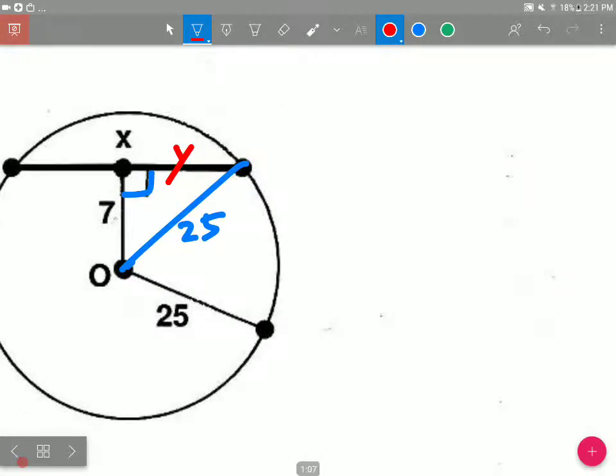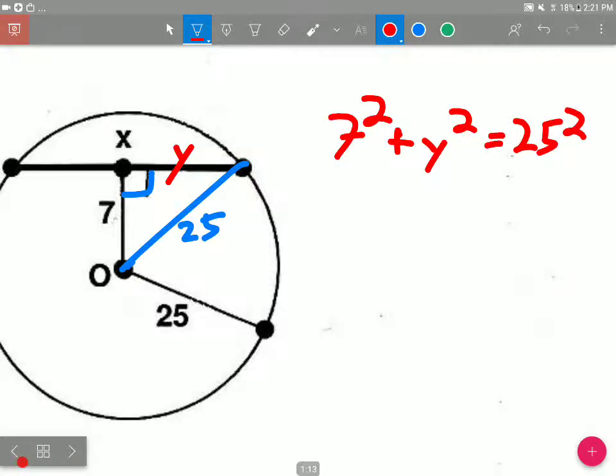So here we go. 7 squared plus y squared equals 25 squared. So y squared equals 25 squared minus 7 squared. That's 625 minus 49. I don't feel like knowing what that is. 576.